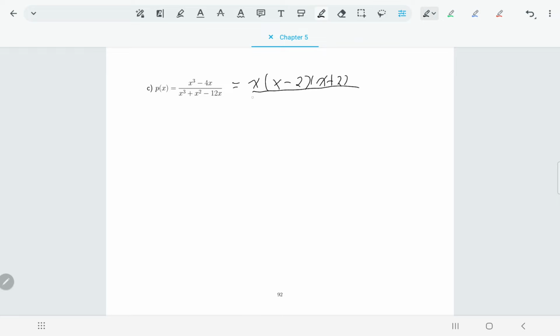On the bottom, if I were to factor out x, that would leave me with x squared plus x minus 12, which also would factor out fairly nicely. That would factor out as x plus 4, x minus 3. And we can see that the x's would cancel.